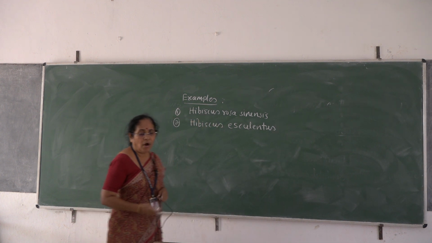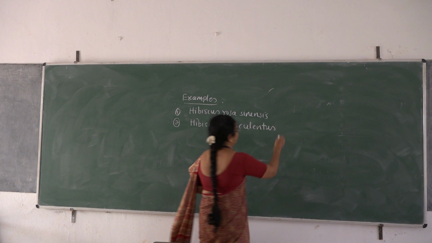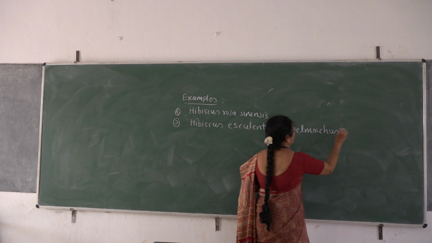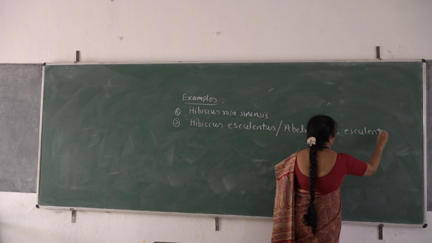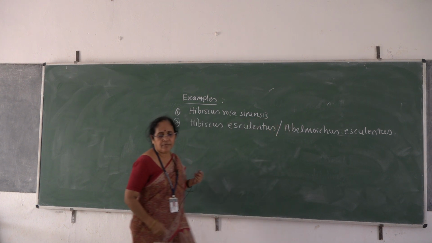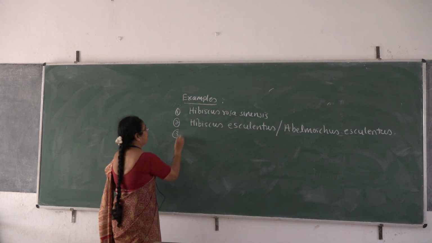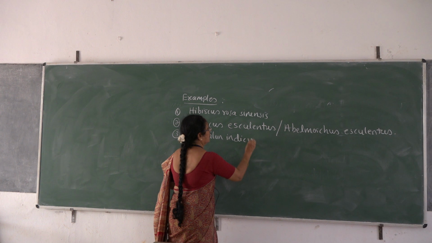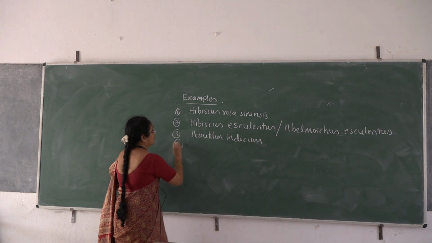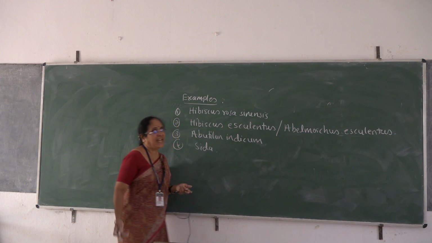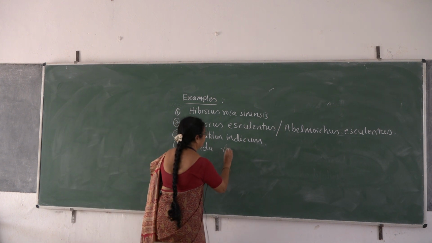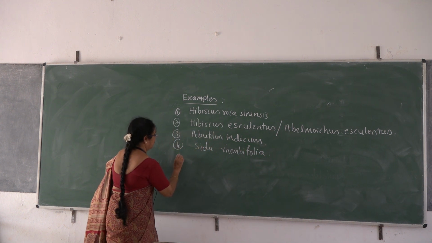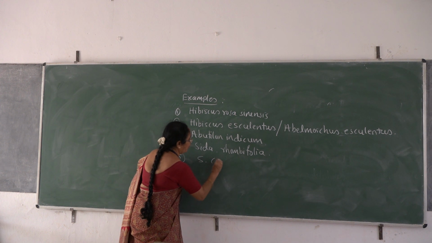Hibiscus esculentus or Abelmoschus esculentus. Abutilon indicum. Sida, Sida rhombifolia, or there is another species of Sida, cordifolia.